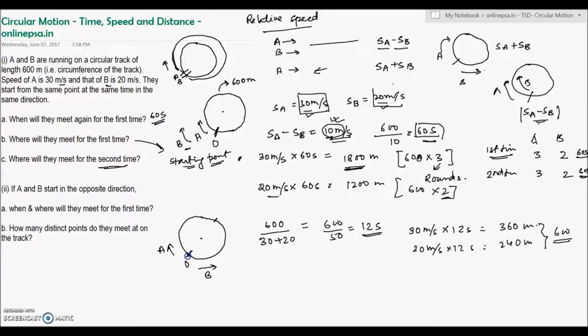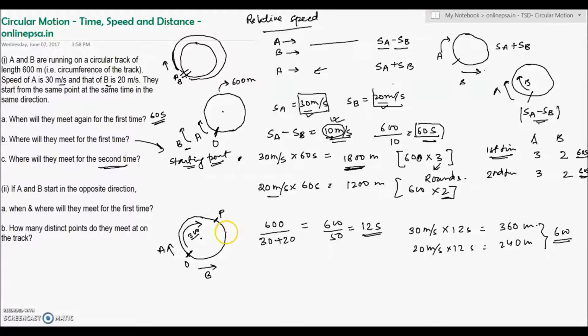So if O is the point, and P the diametrically opposite point, OP will be nothing but half of 600, which is 300. So A must have been somewhere here.